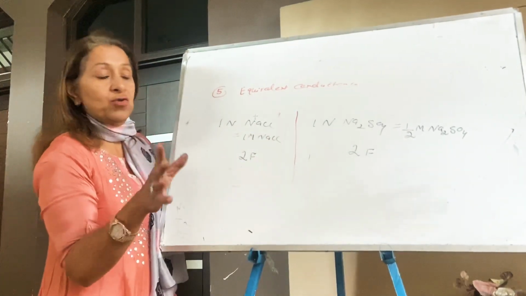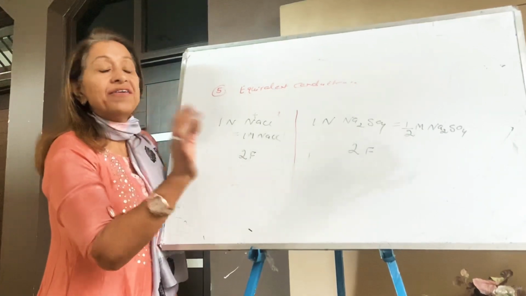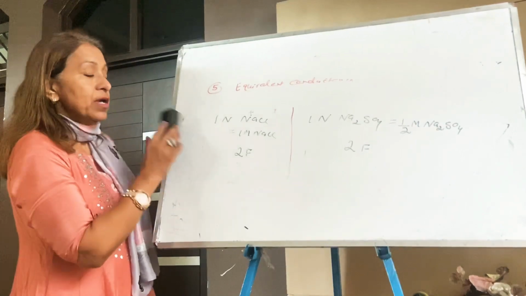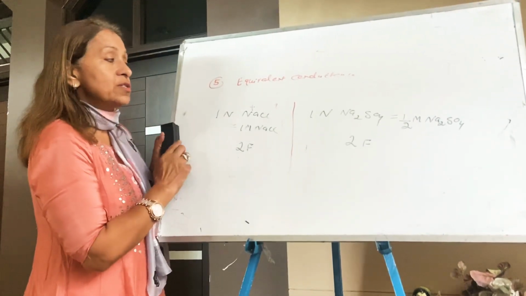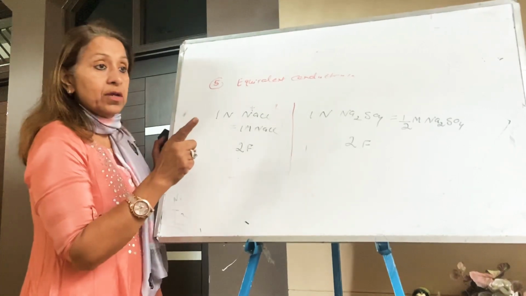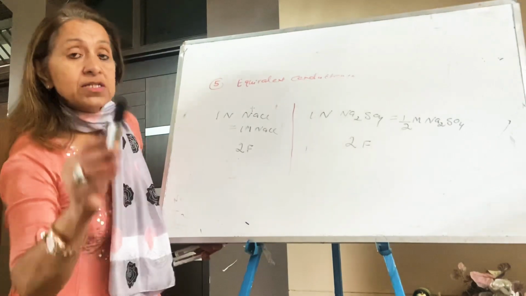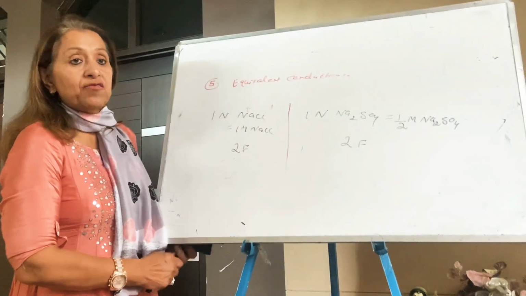So that's the reason a new term was invented, equivalent conductance. Now you write down what is equivalent conductance. Equivalent conductance is the conductance of the solution which contains 1 gram equivalent of electrolyte.